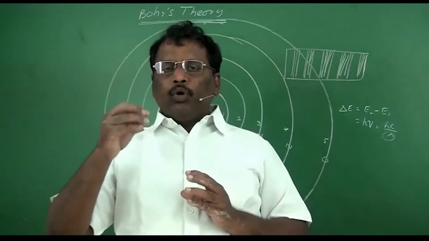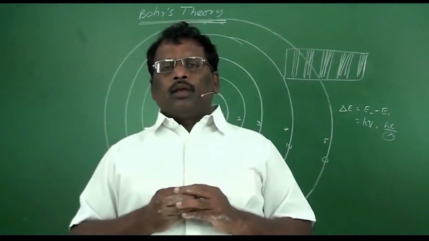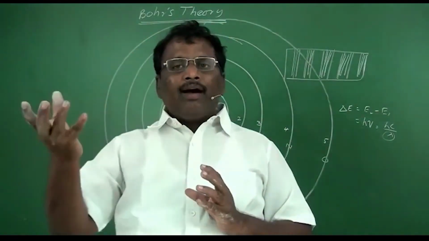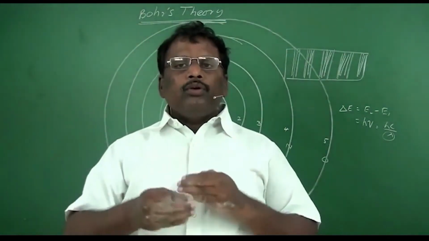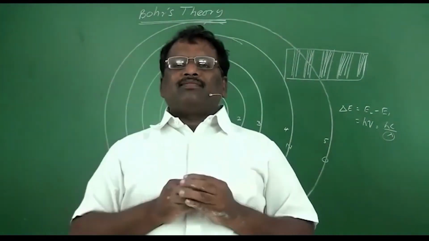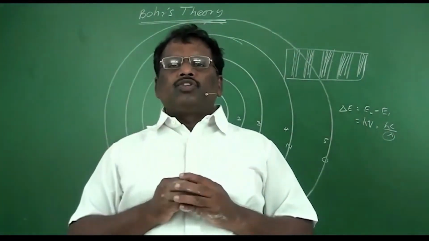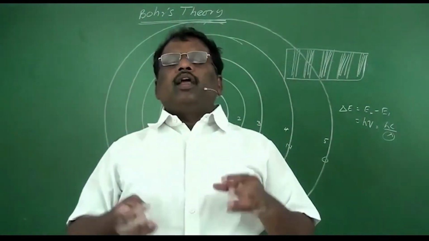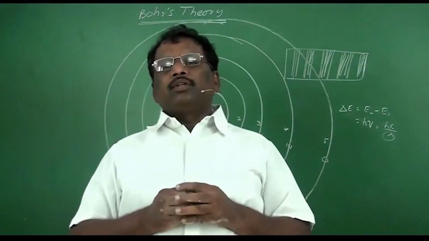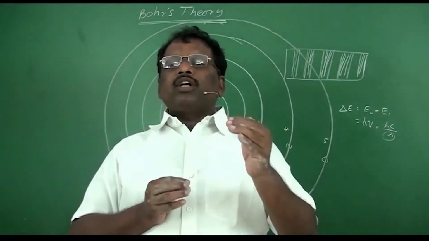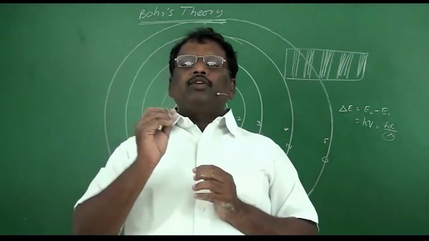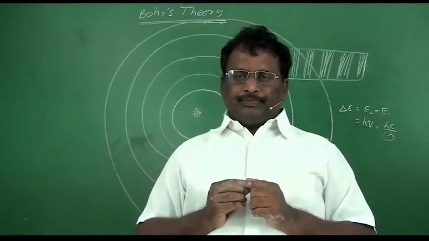But Bohr and Rutherford both had an idea that in addition to protons and electrons, some other mass with a neutral charge may also be present along with these atoms. That's why we are using the term whole positive charge and mass was concentrated at a minute point called the nucleus.